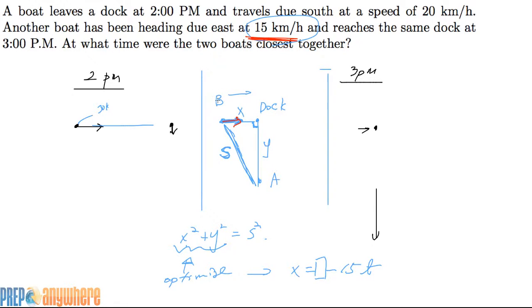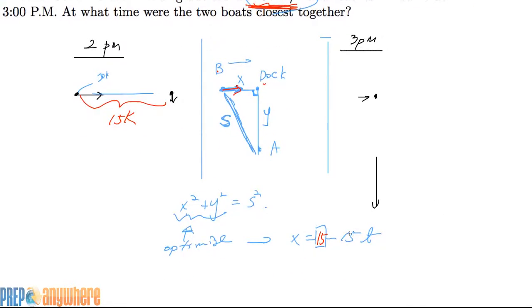This boat here, B, arrived at the dock, and it travels at 15 kilometers per hour. So at 2 p.m., this boat B must have been 15 kilometers away. So X, as a function of time, must be 15 minus 15t. That makes sense. Everything makes sense there, right?